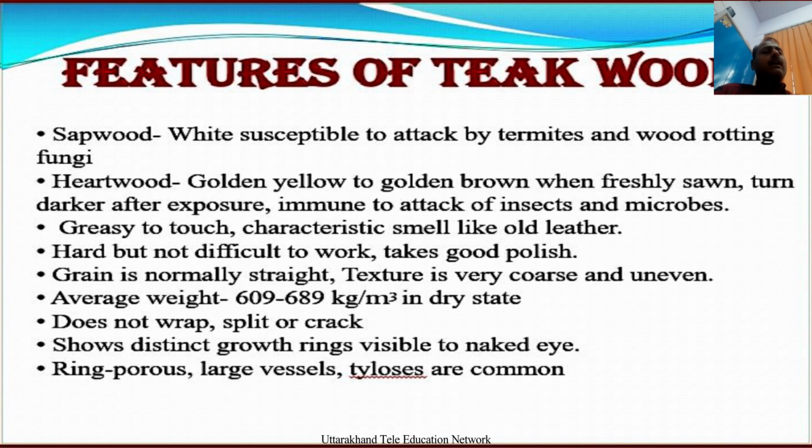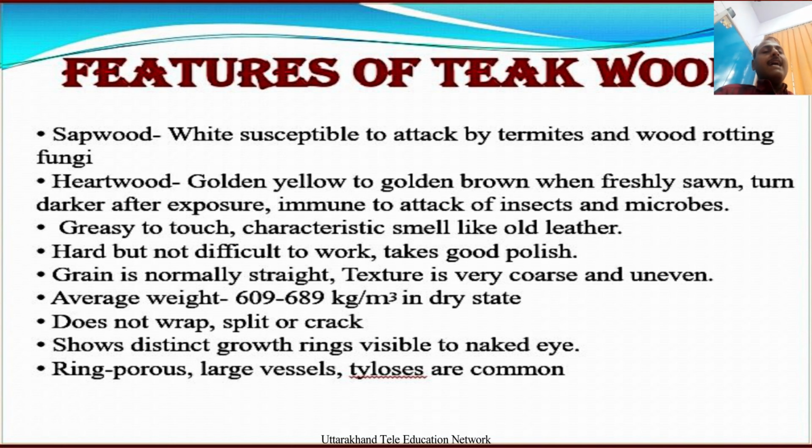So it is very easy to work, and it may be given a desired shape or design, and it takes good polish. Grain is normally straight and texture is very coarse and uneven. As far as average weight of wood is concerned, it is approximately 609 to 689 kilogram per meter cube in dry state.